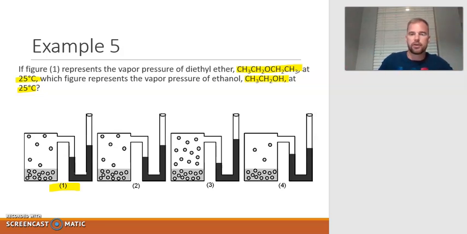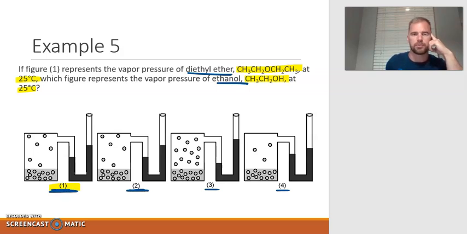You're essentially comparing two compounds, diethyl ether and ethanol. All right? You want to see which one of figure 2, 3, or 4 would represent ethanol. Okay, so you've got diethyl ether that's right here. Now, figure 2 is the exact same as figure 1.